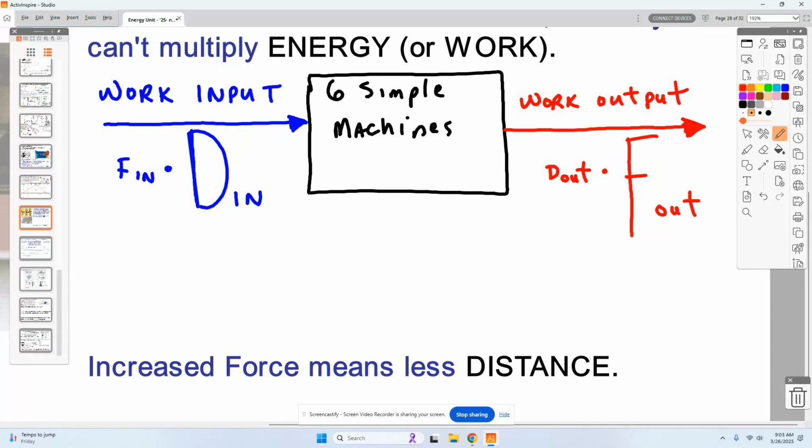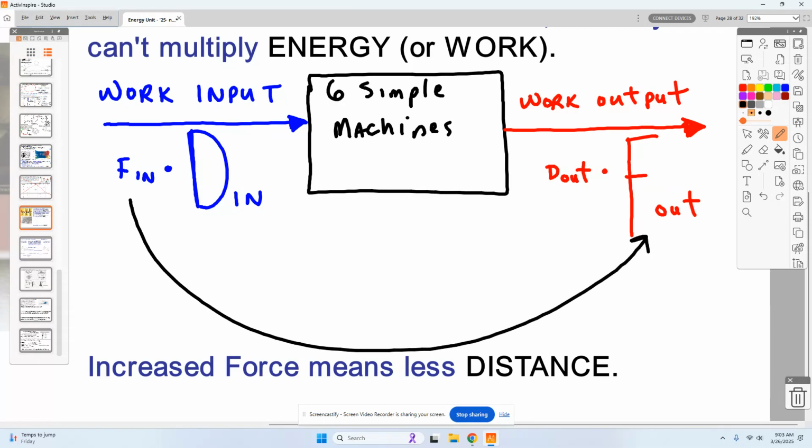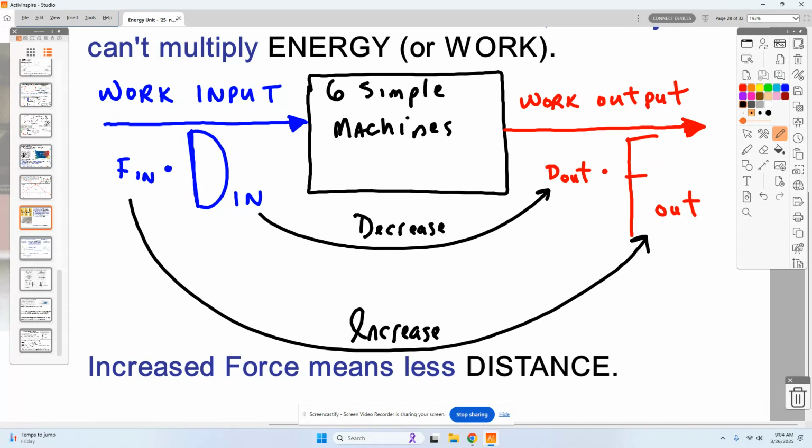Now I'm changing the order of F and D. That's just a product. But you notice the output force becomes a lot bigger. That's an increase in the amount of output force, but it comes at the expense of the distance becoming smaller. An increased force means a much smaller distance.